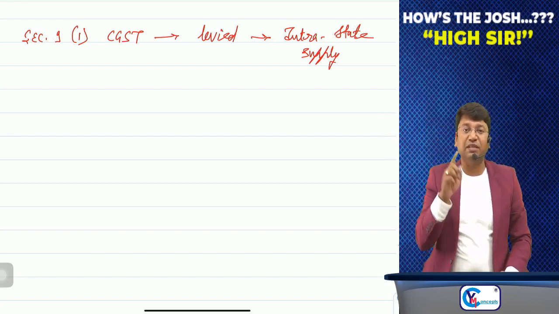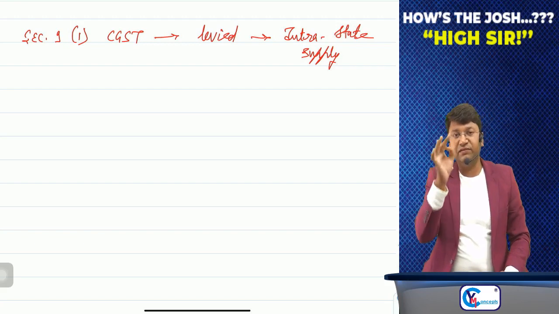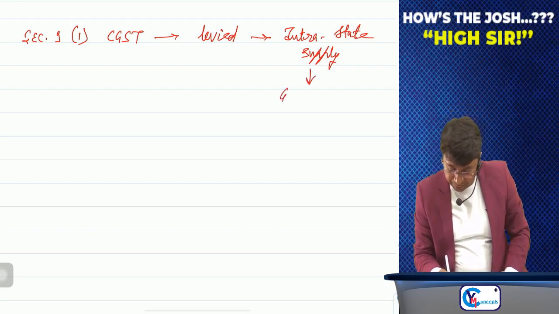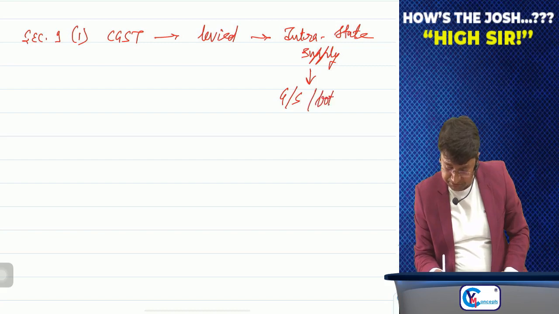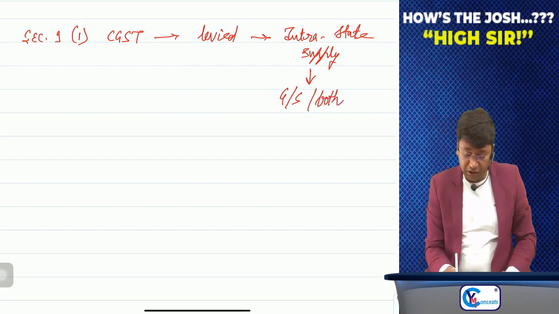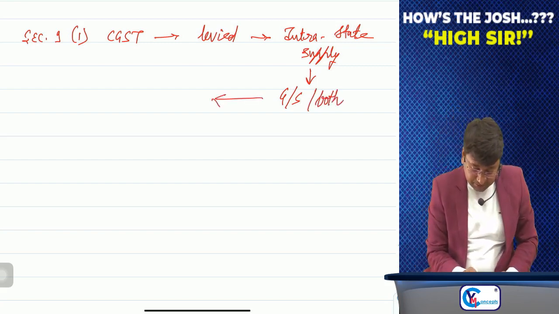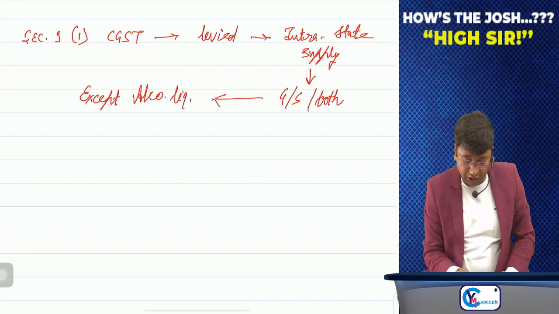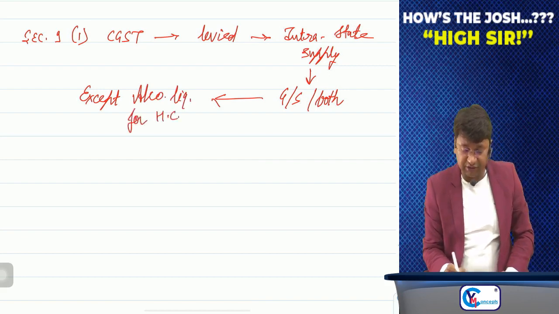Here, section number 9, subsection 1 says that CGST will be levied on intrastate supply of goods or services or both, except alcohol, liquor for human consumption.